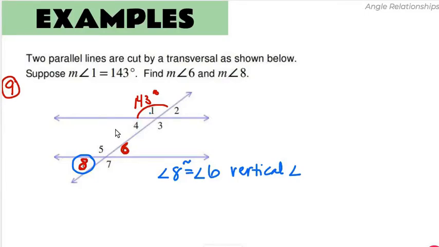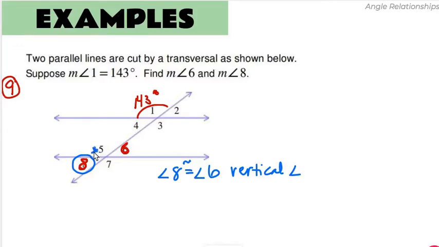Well, I can't do corresponding angles would mean that 1 and 5 were equal because they're in the same exact position, right? That doesn't get me 8 right away. If I look at alternate exterior, 1 and 7 would be alternate exterior, but I want 8.